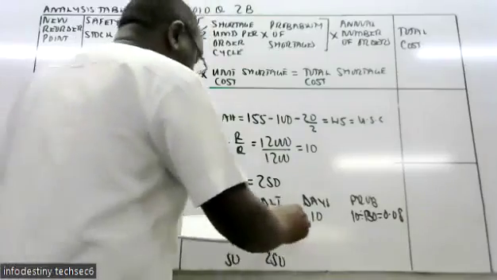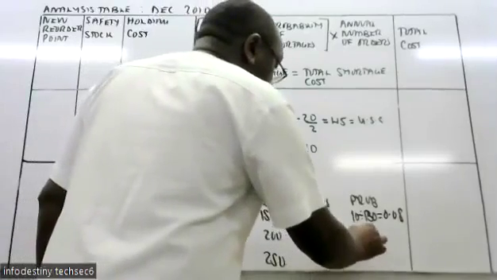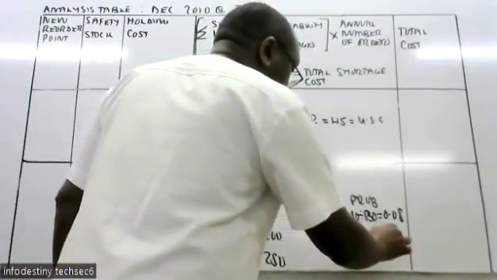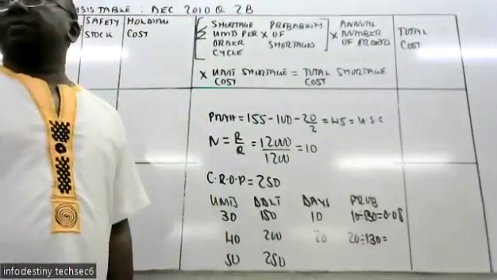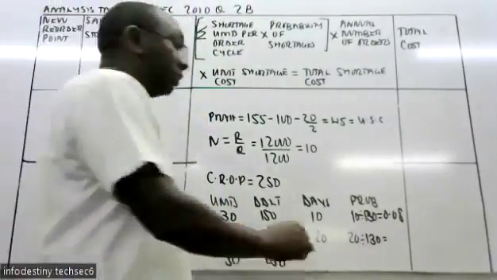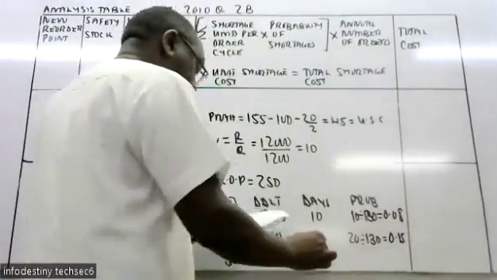Good. Here again is 20. 20 divided by 130 is 0.15. The next one is 50.